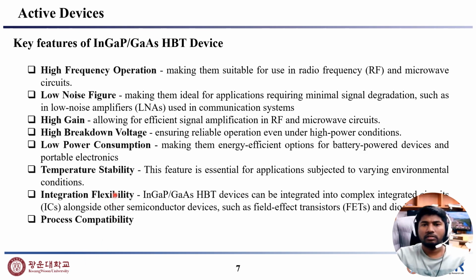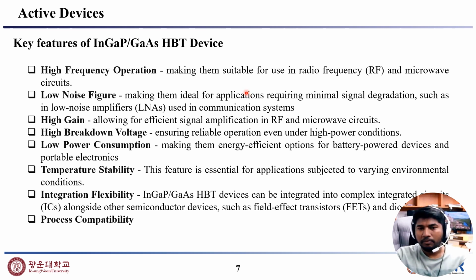And the key features of the indium gallium phosphide gallium arsenide HBT device are listed here. First of all, high frequency operation, which makes them suitable for use in radio frequency and microwave circuits.